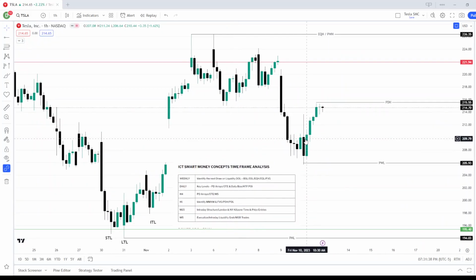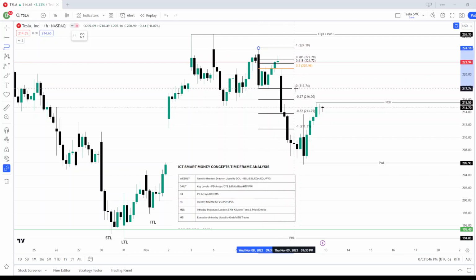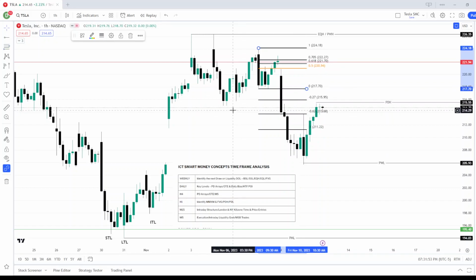Now, what you also see is as we consolidated here, okay, we potentially on a lower time frame hit another optimal trade entry. And so what I do see as well, so the higher low, excuse me, the higher low on a market maker buy or sell model does not have to fully take it like it did here.